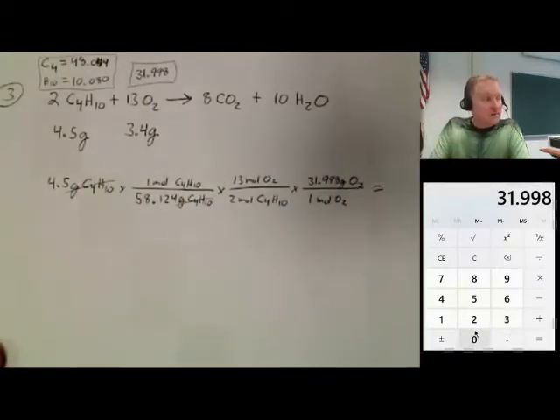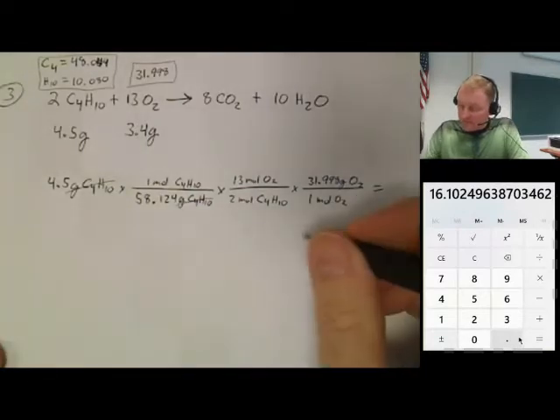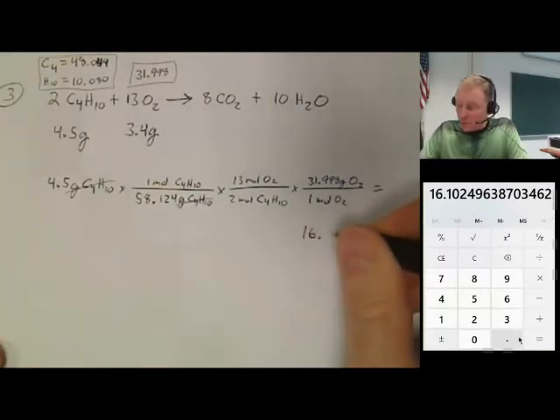Okay, so let's plug that in. 4.5 divided by 58.124 times 13 divided by 2 times 31.998 equals 16.1 grams of O2.